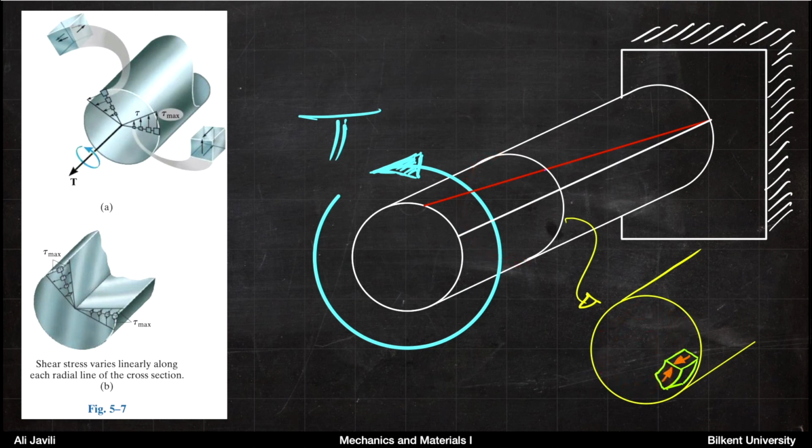So yes, obviously there is a shear stress on the cross section. It is maximum at the outer wall, it's 0 at the center. So you know there is a shear stress. That's good. But then the question is, what happens in the other direction, in the direction that is inside the bar itself?